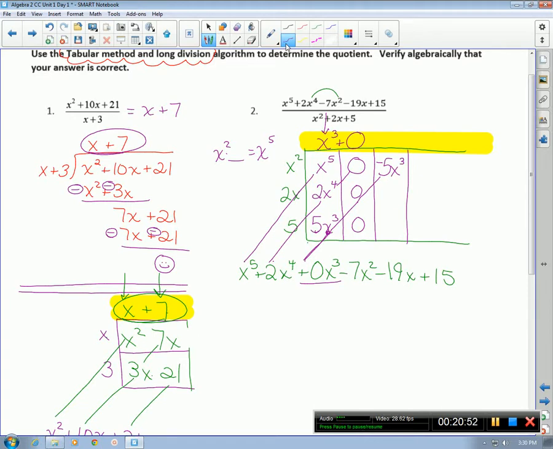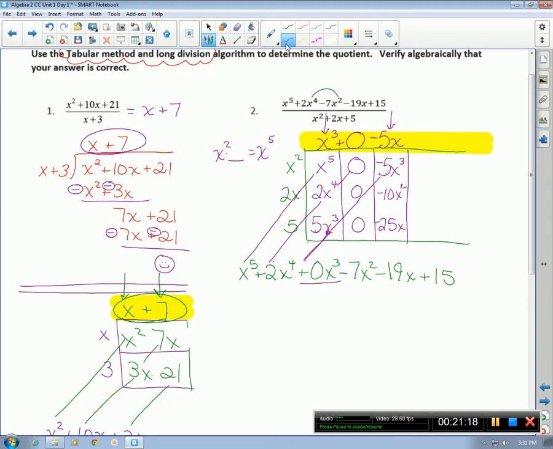Now that I know I have negative 5x cubed, x squared times what gave me that? Negative 5x. I've got my column values, so I can fill in the whole column. Negative 10x squared, negative 25x, and we're good to go on to the next term.